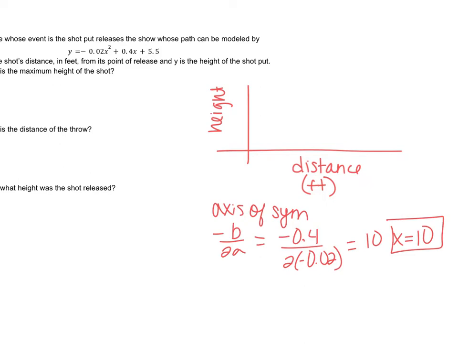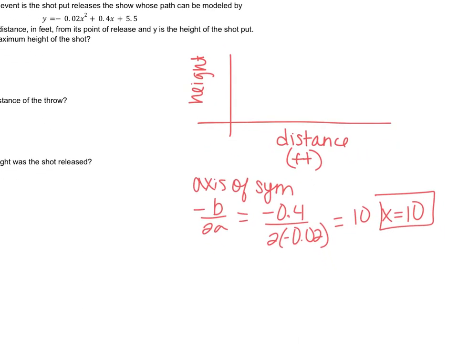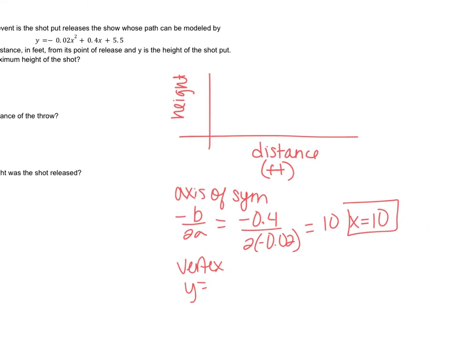All righty, and then let's see our vertex. We're going to plug that back in for the x in the original problem. So negative 0.02 times 10 squared plus 0.4 times 10 plus 5.5.